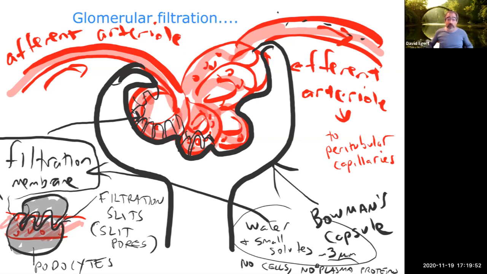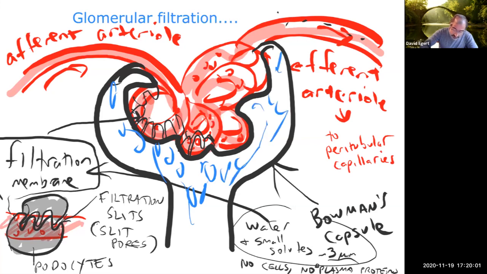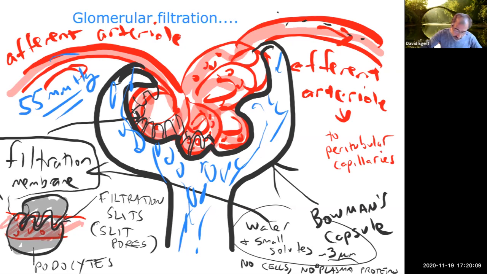And now what we want to talk about is what actually drives the filtration. Like I mentioned, it's particularly that blood pressure, 55 millimeters of mercury of blood pressure pushing in here, which is causing the fluid to leak out.